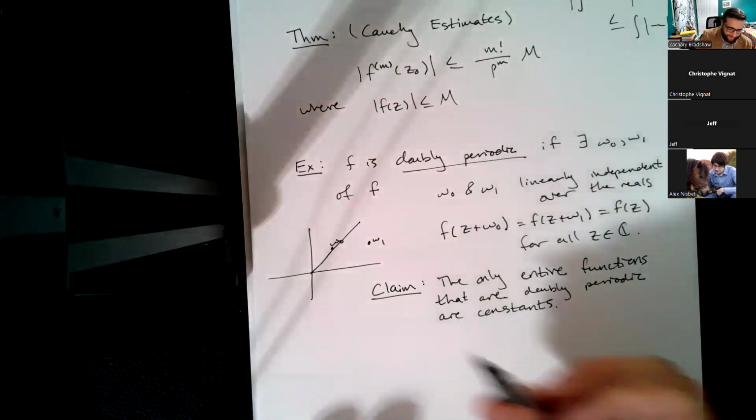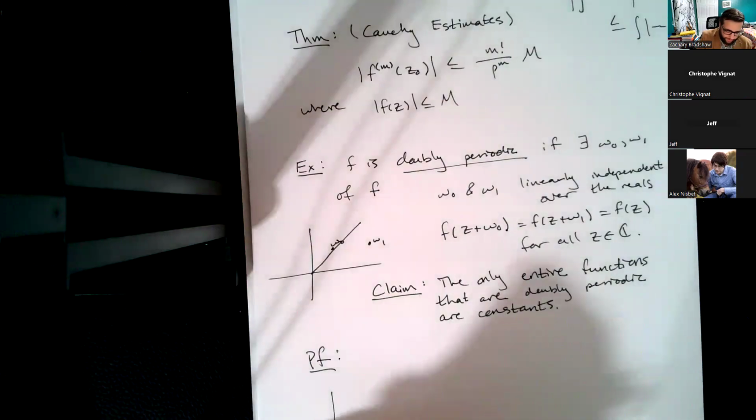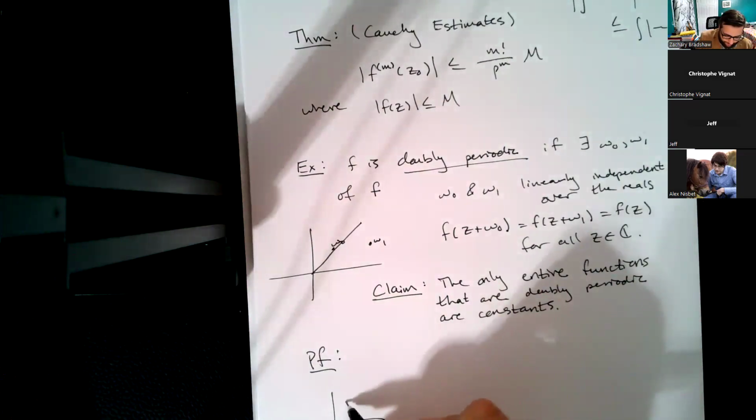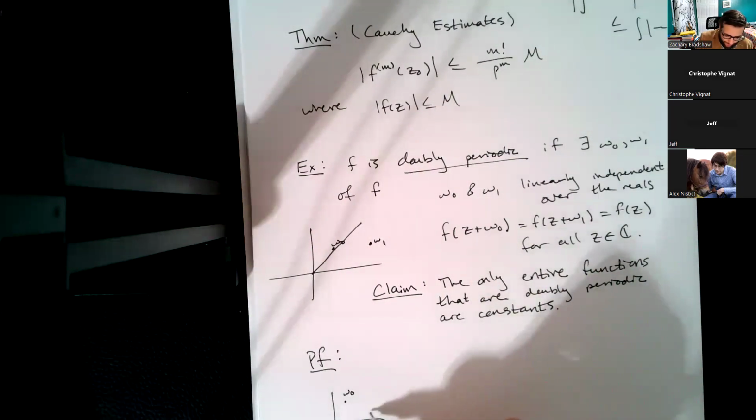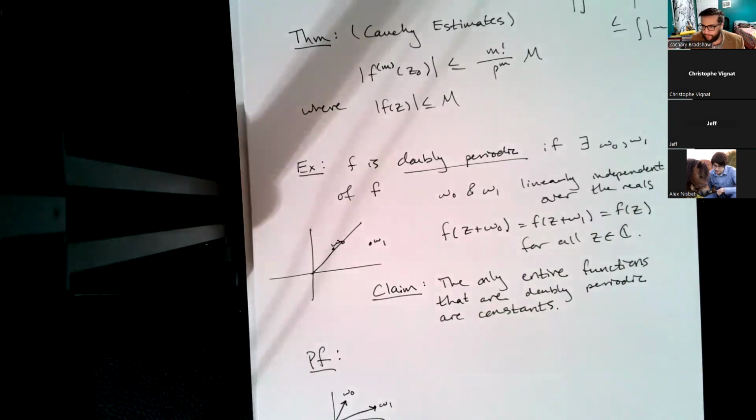I think the idea for this is probably pretty clear. We can draw, I'm going to pick a w0 and w1 that are a little more convenient for the drawing. So we can draw these vectors that go to w1 and w0, which are just the line segments between the origin and the respective points.